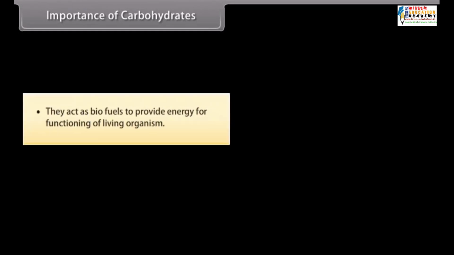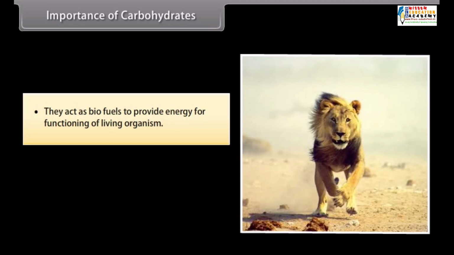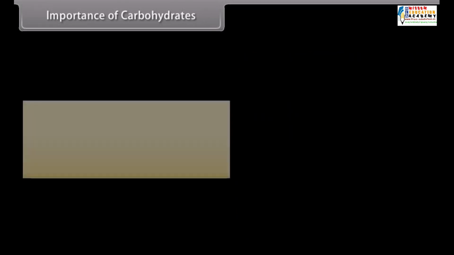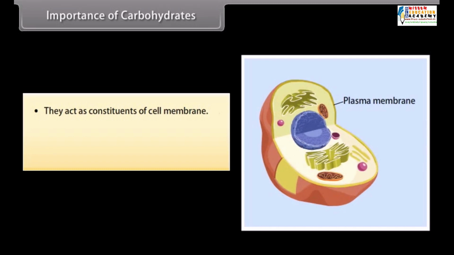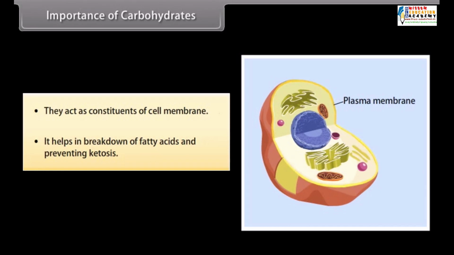Importance of carbohydrates. They act as biofuels to provide energy for the functioning of living organisms. They act as constituents of the cell membrane. They help in the breakdown of fatty acids and prevent ketosis.